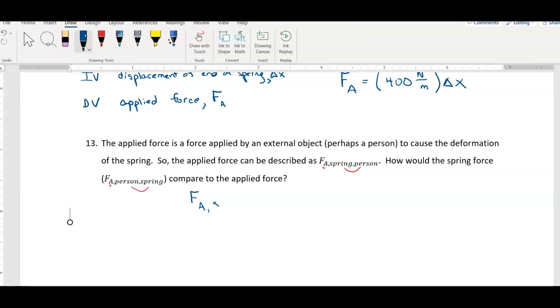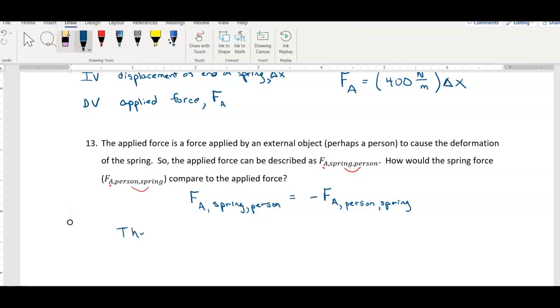So the applied force that the person is exerting on the spring has the same amount of force that the spring will exert on the person, but they are in opposite directions. And so I'm going to put a negative sign there.